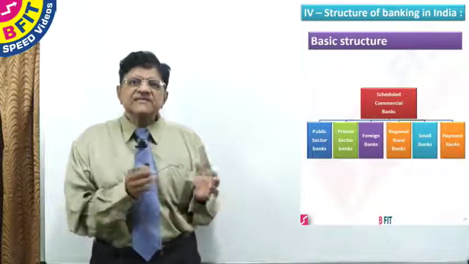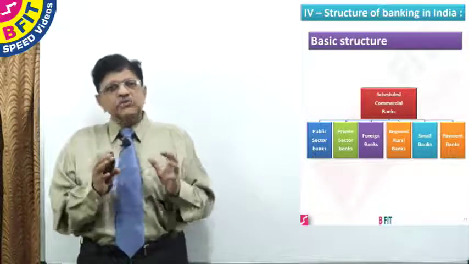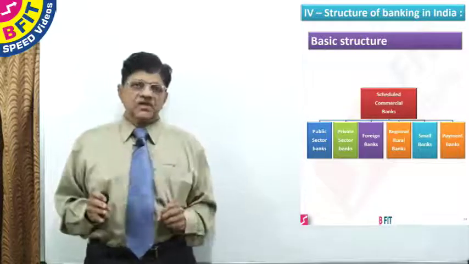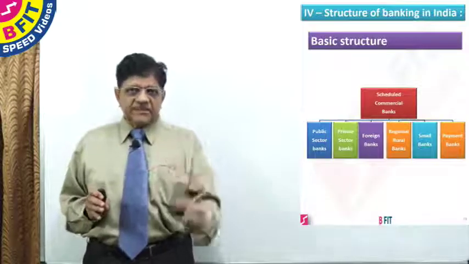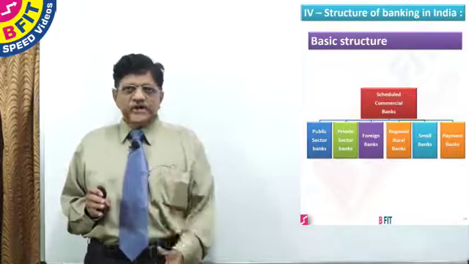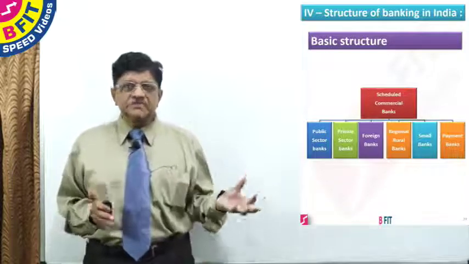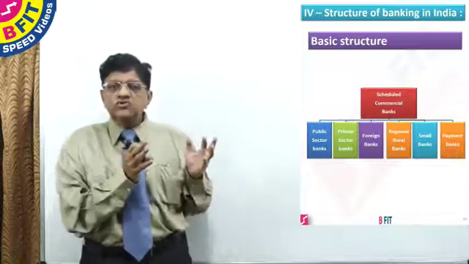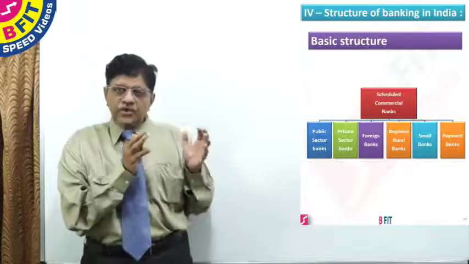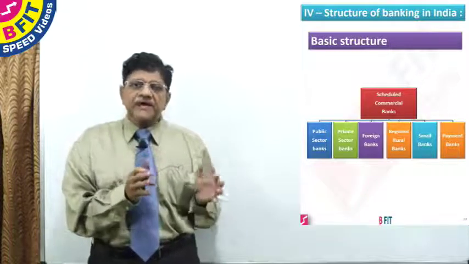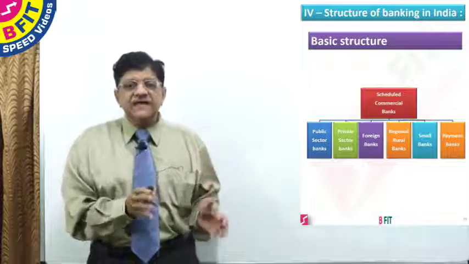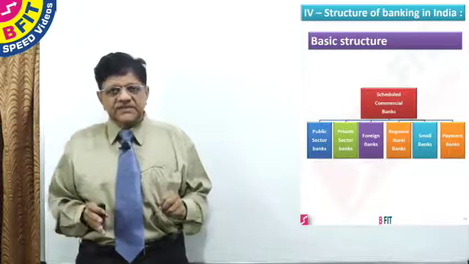So, the public sector culture started in the post-independent era. First instance was State Bank of India, second was 14 nationalized banks, and then another batch of 6 nationalized banks. Those banks in which the Government of India has more than 50% of shares are public sector banks. This question is asked.